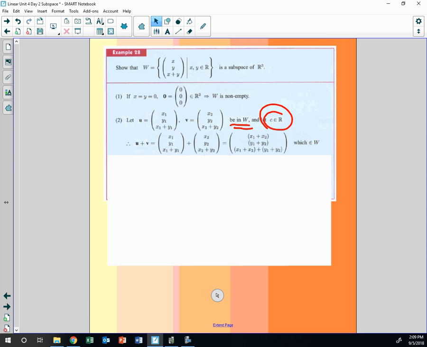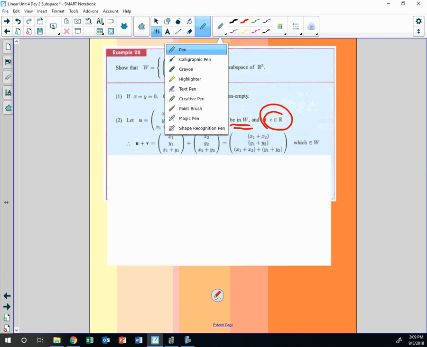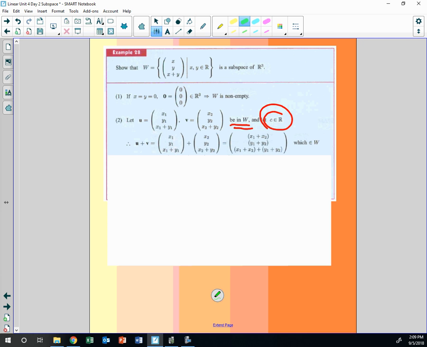So let's add them together. When we add these, you're going to get x1, y1, x1 plus y1, plus x2, y2, x2 plus y2. When we put them together, you get x1 plus x2, y1 plus y2, and notice you have a group of x1 plus x2 and y1 plus y2. Does this look similar to that?